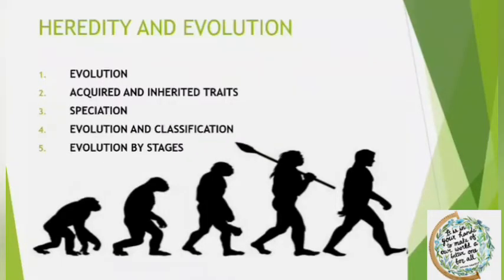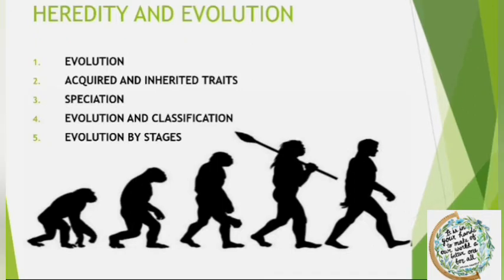I am going to teach you heredity and evolution, and in my upcoming videos you will be finding the topic on evolution. Dear children, before we start with this video, I presume that by now you must be acquainted with a few terms like chromosomes, genes, DNA, progeny, variations, etc., as I will be using these in my videos to explain the subtopics covered under the heading evolution.